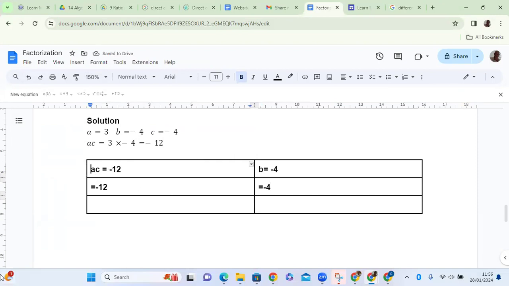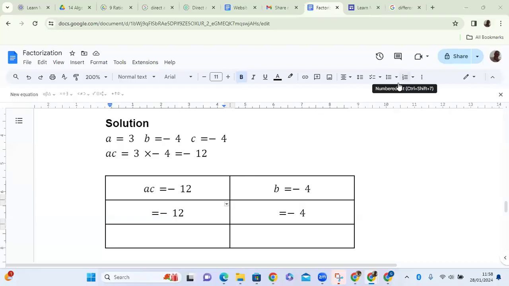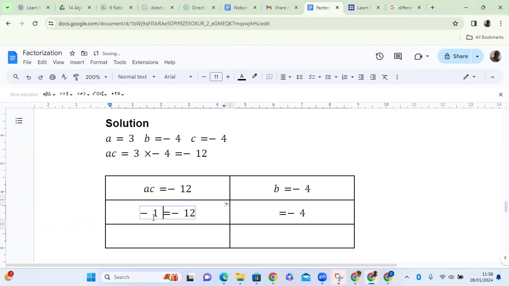Normally, if you can spot it right away, you start with 1. Because we have negative 12, you can start with negative 1 times 12.